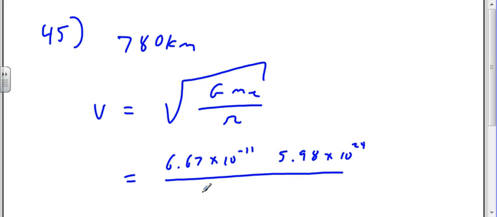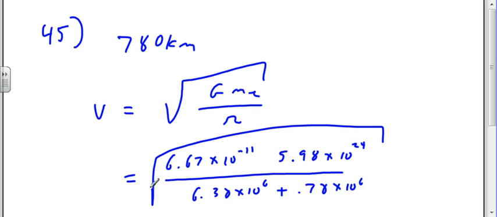So the radius would be the radius of the Earth, 6.38 times 10 to the 6, plus 0.78 times 10 to the 6.